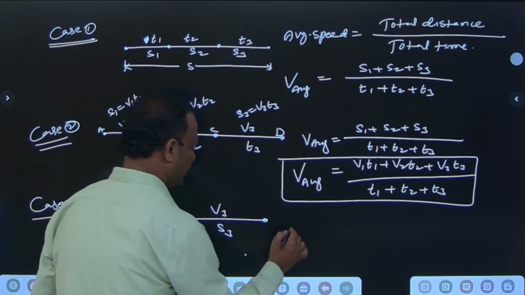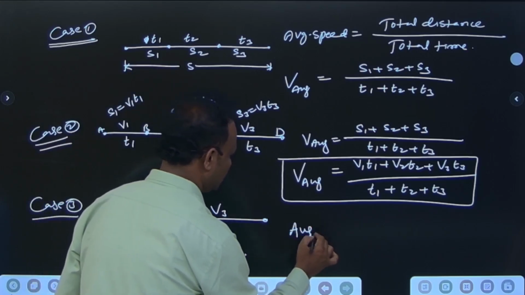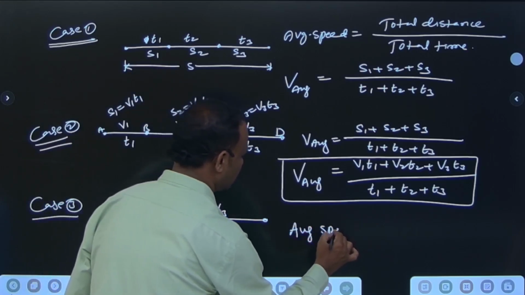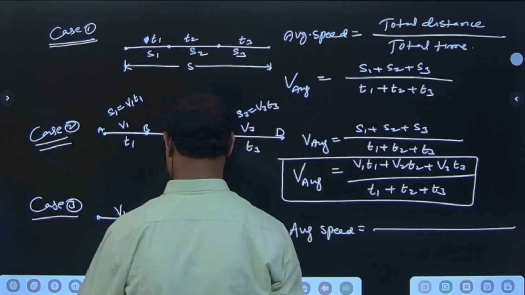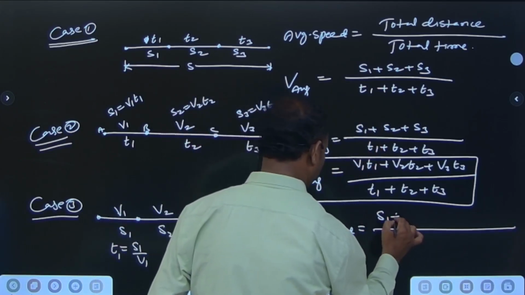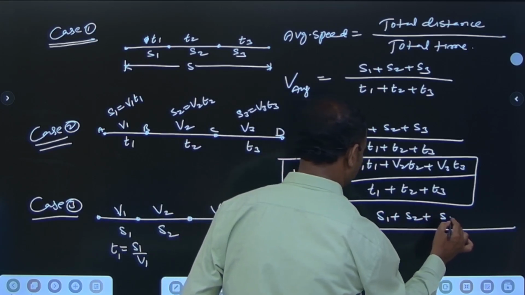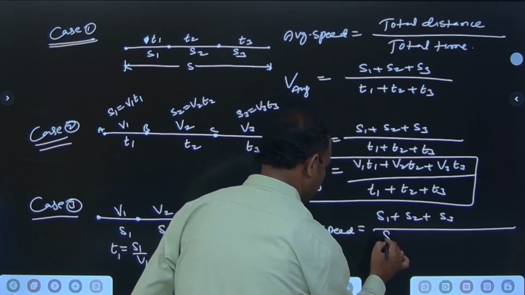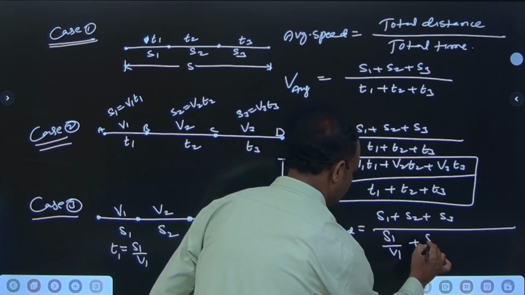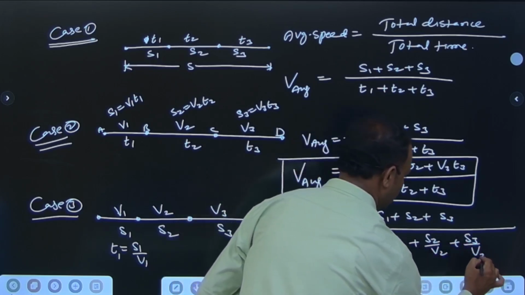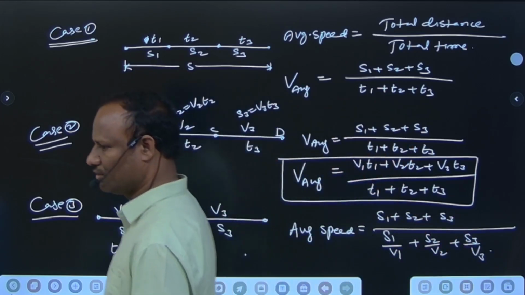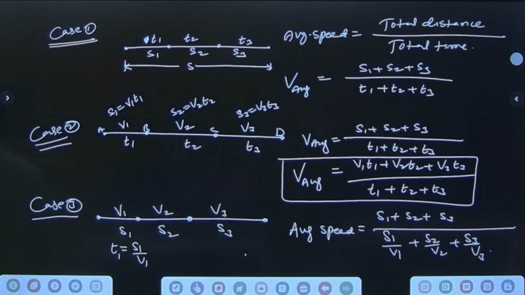So the formula for average speed is total distance traveled, S1 plus S2 plus S3, by S1 by V1 plus S2 by V2 plus S3 by V3. This is the condition to calculate average speed.